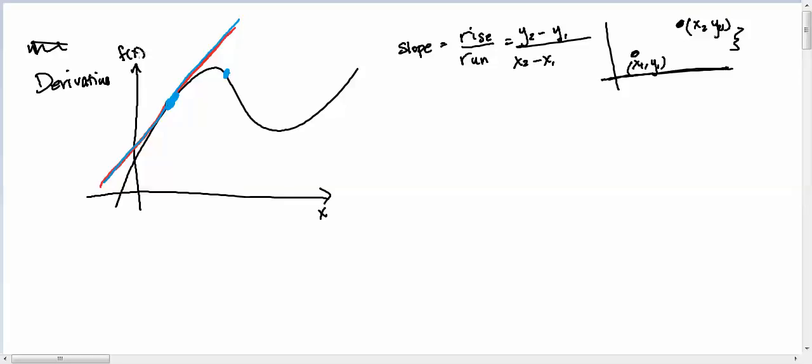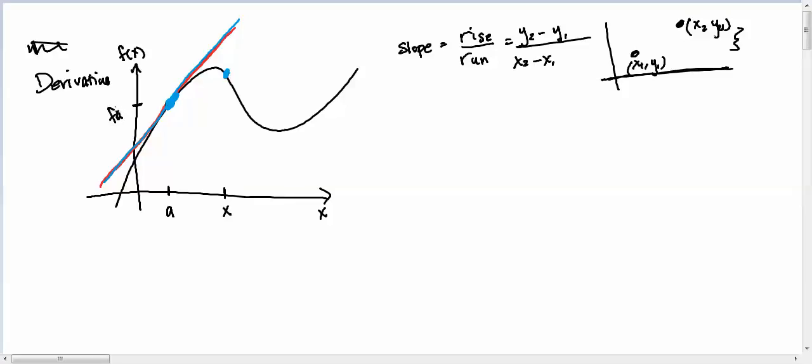Now I'm going to call this specific point X is equal to A. Are we cool with that? Yes. And I'm going to call this second point X is equal to, well, let's just call it X.